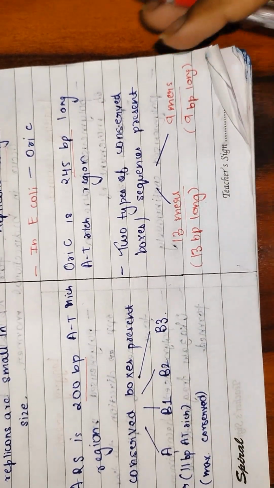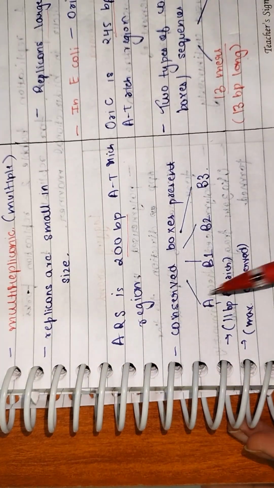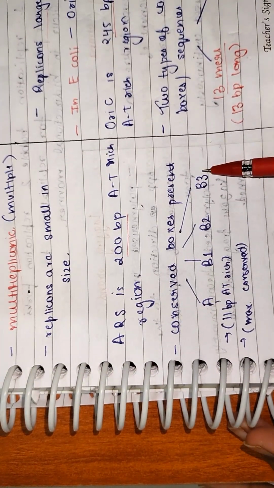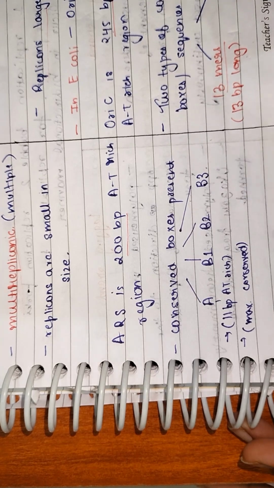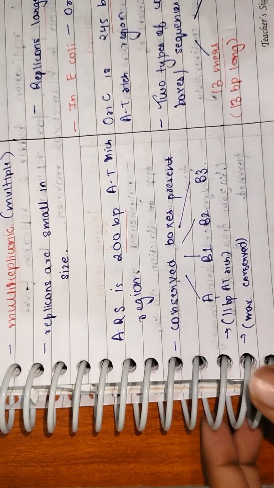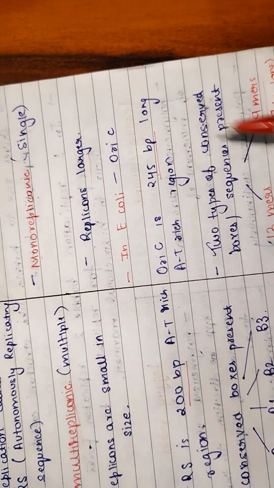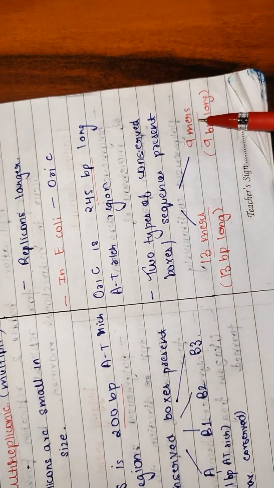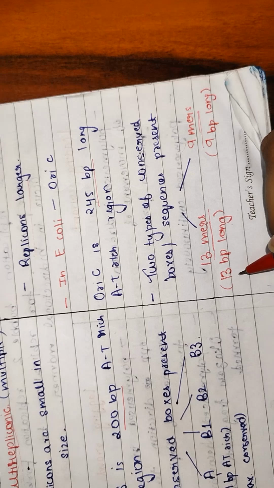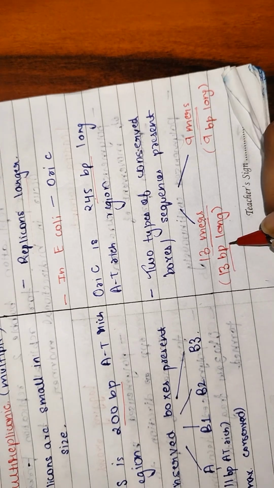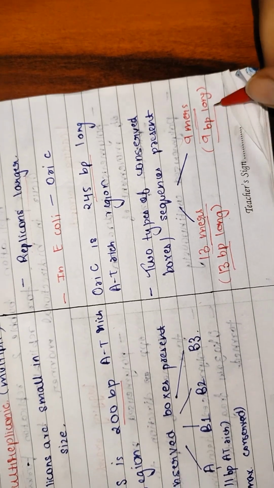Whereas in eukaryotes, there are four different conserved boxes: A, B1, B2 and B3. 13 mers means they are 13 base pair long and 9 mers means they are 9 base pair long.